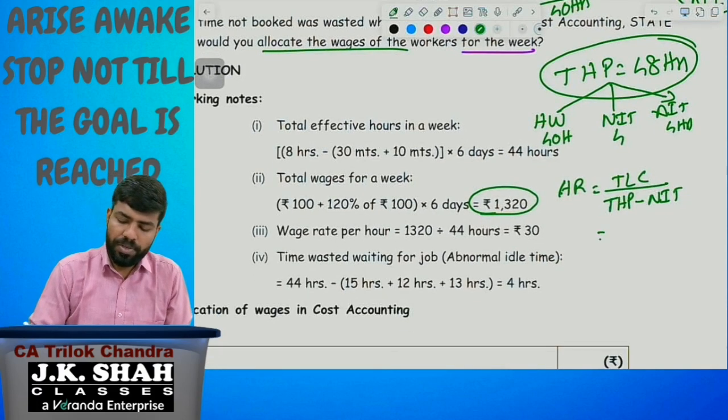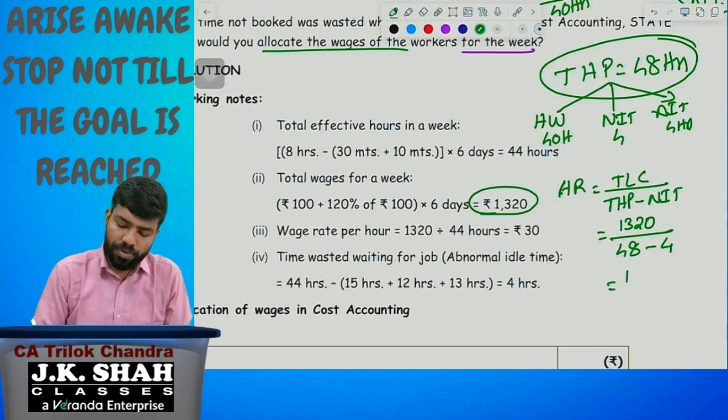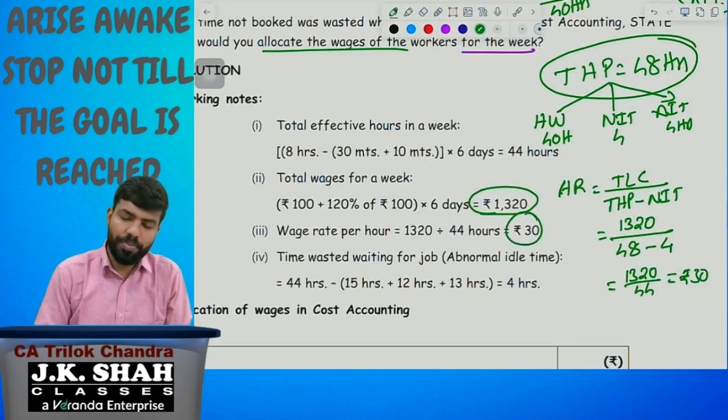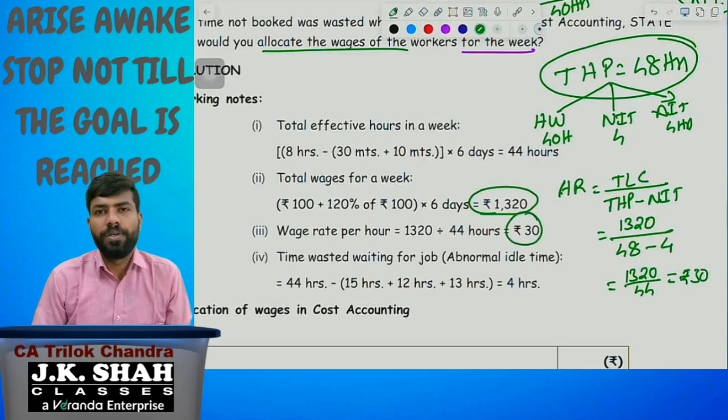Now, 1320 divided by hours paid 48 minus normal idle time 4, which equals 1320 divided by 44, which comes to rupees 30. Look at here, rupees 30. Are you understanding, all of you?